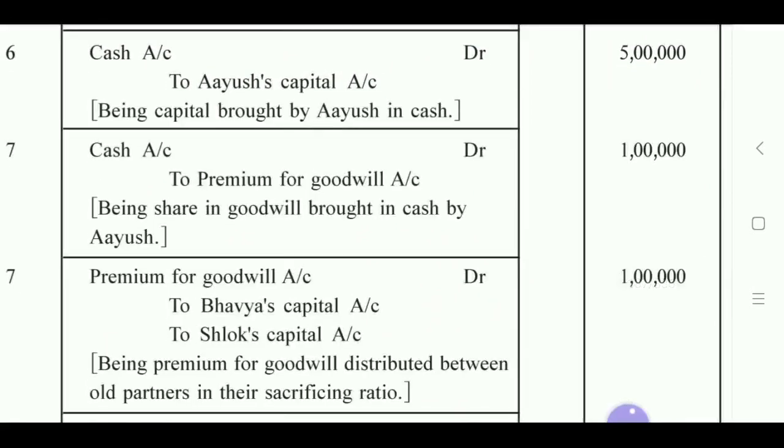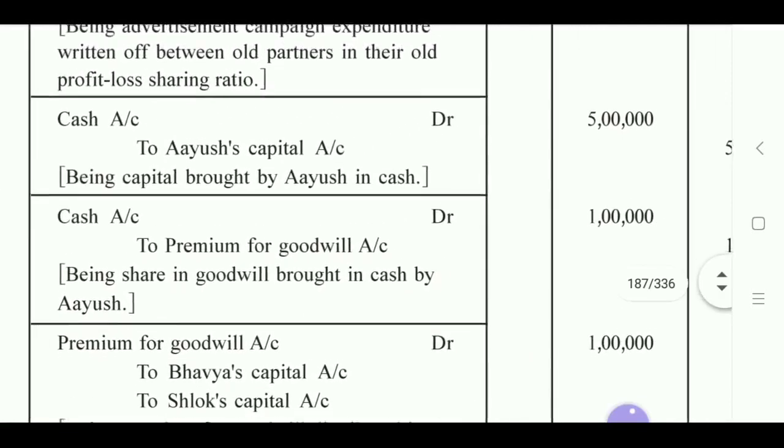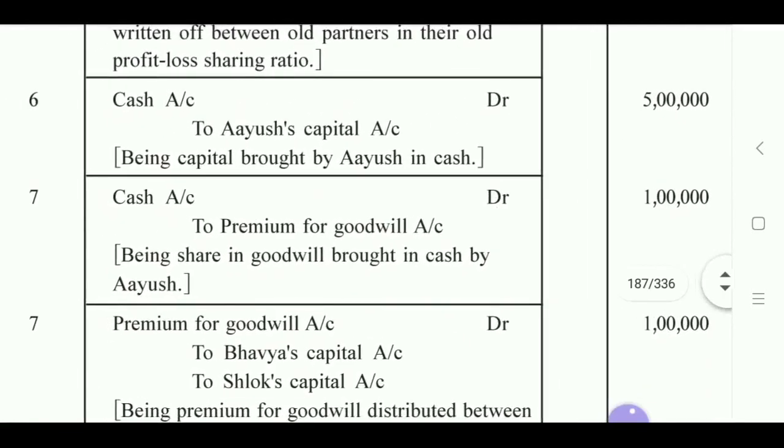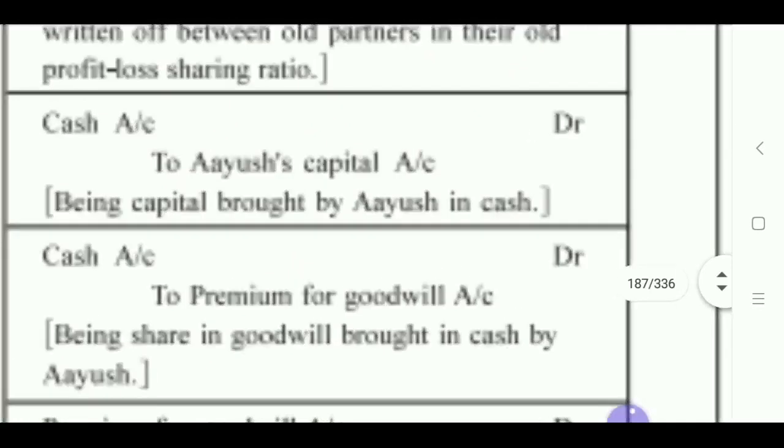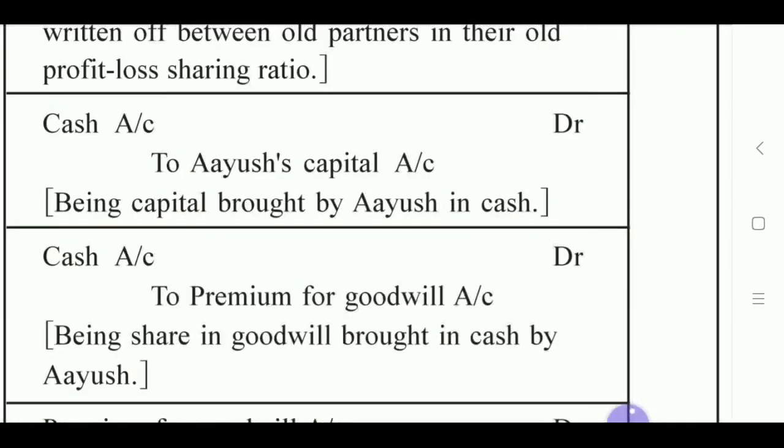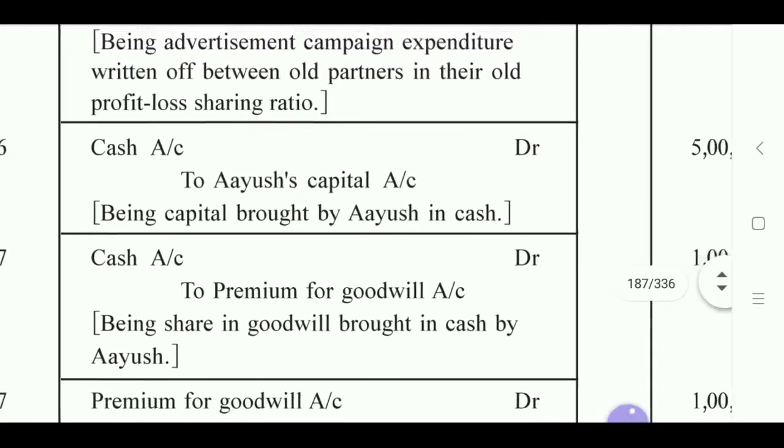First adjustment, it was that Ayush brought rupees 5 lakh as capital and 1 lakh as goodwill in cash. Yes? So for the amount of capital brought by the new partner, the journal entry is given here. Cash account debit 1 lakh to Ayush's capital account 1 lakh.